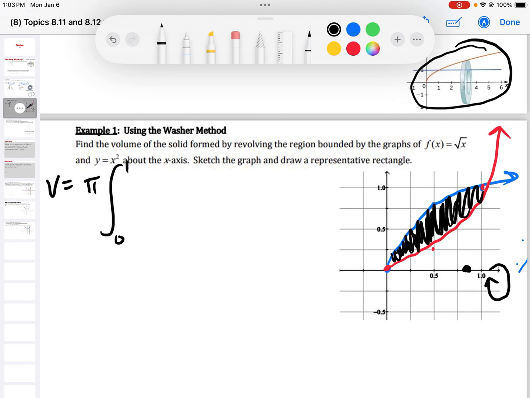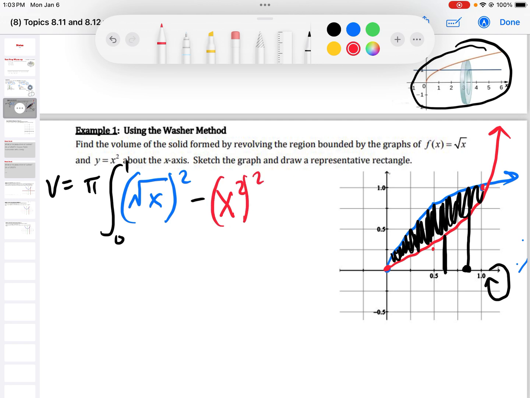This is the axis of revolution, so the big radius would come from the blue equation, the square root of x. That's the radius squared. Then I have to subtract the smaller radius, which comes from that red function, x squared, squared. And I'm going to integrate that with respect to x.